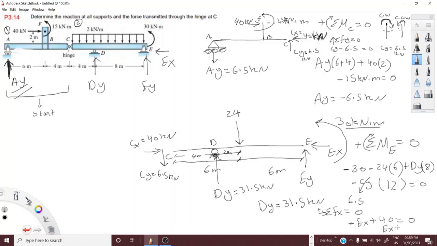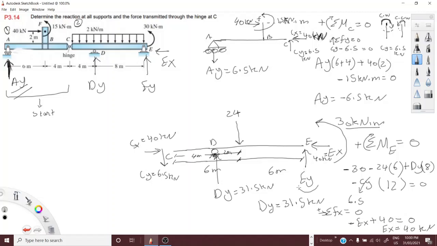Therefore Ex will be equal to 40 kilonewton. So our assumption is right. Since the direction of Cx is to the right, it is opposite to the direction at Ex, which is 40 kilonewton.